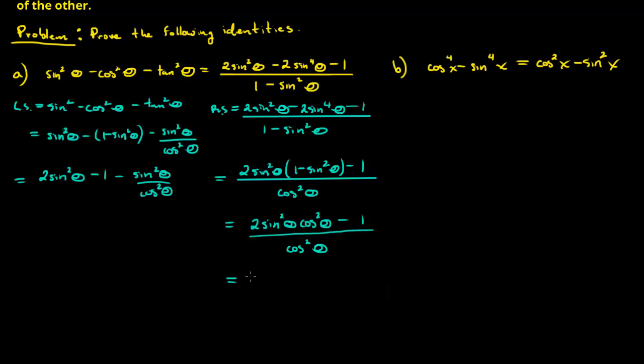If I do that, I get 2 sine squared theta. Sorry, not cos squared theta. I would get 2 sine squared theta, these cos squared thetas divide out, minus 1 over cos squared theta.